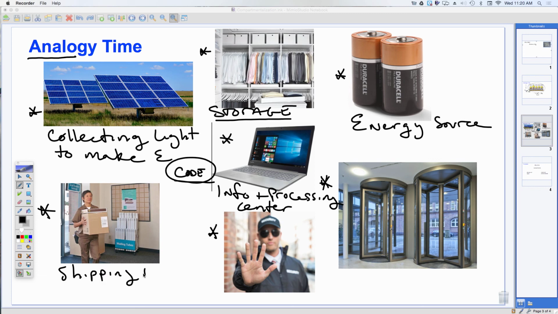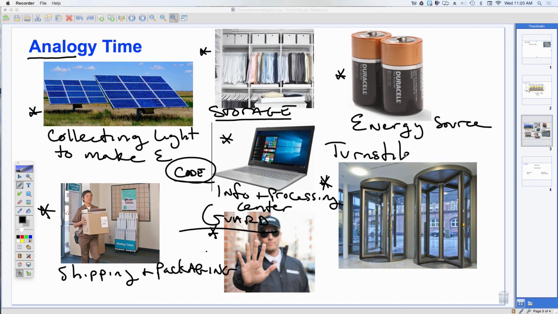And here we have shipping and packaging, and there's an organelle that ships and packages stuff. And here we have a security guard, and there is an organelle in some cells that serves as a guard.